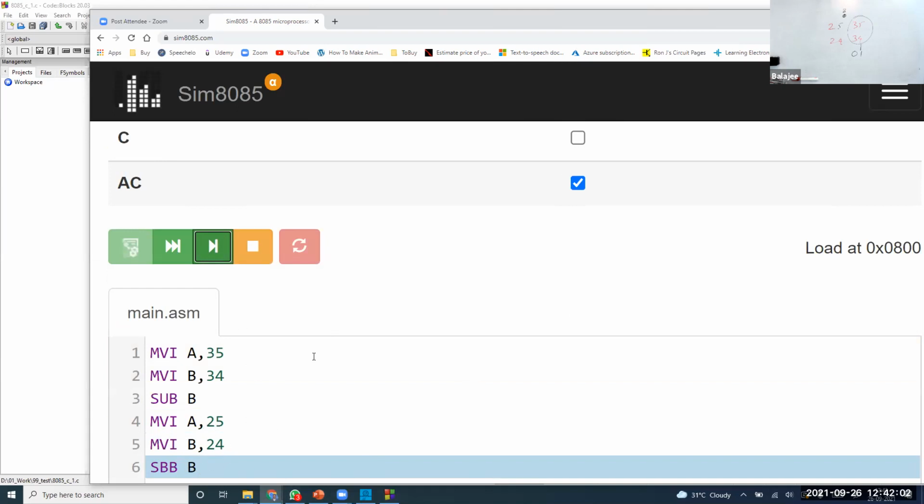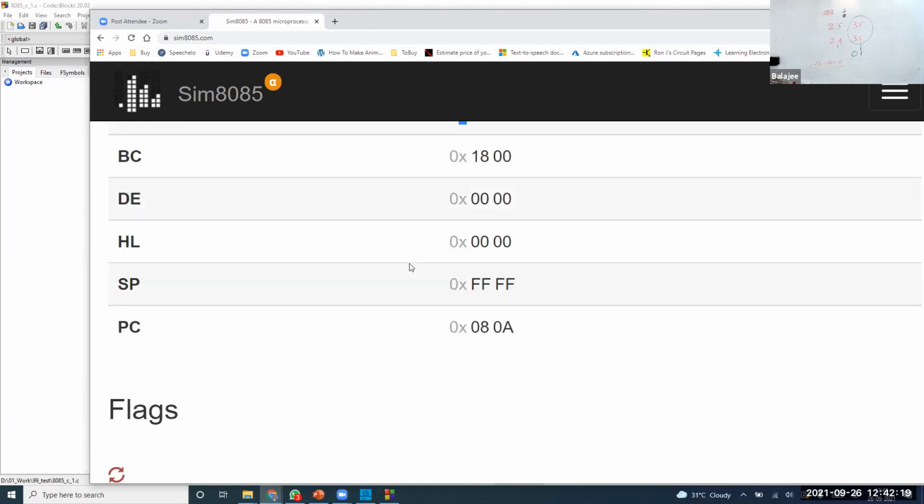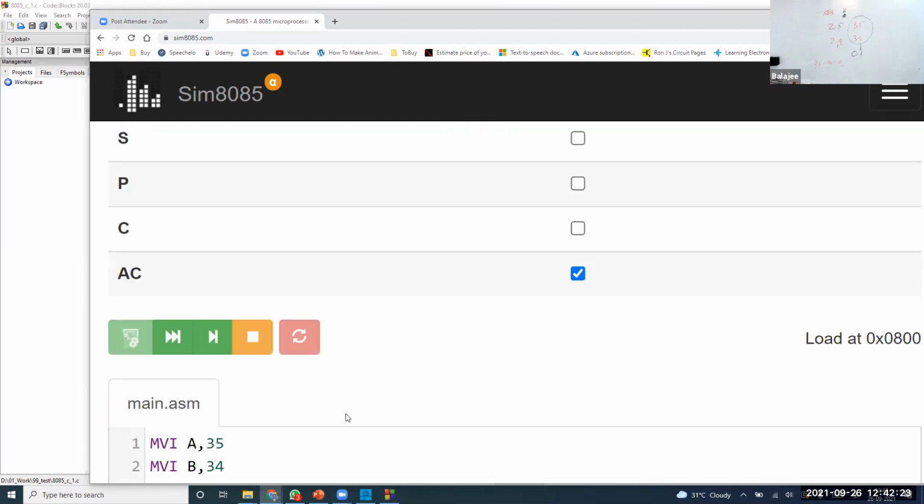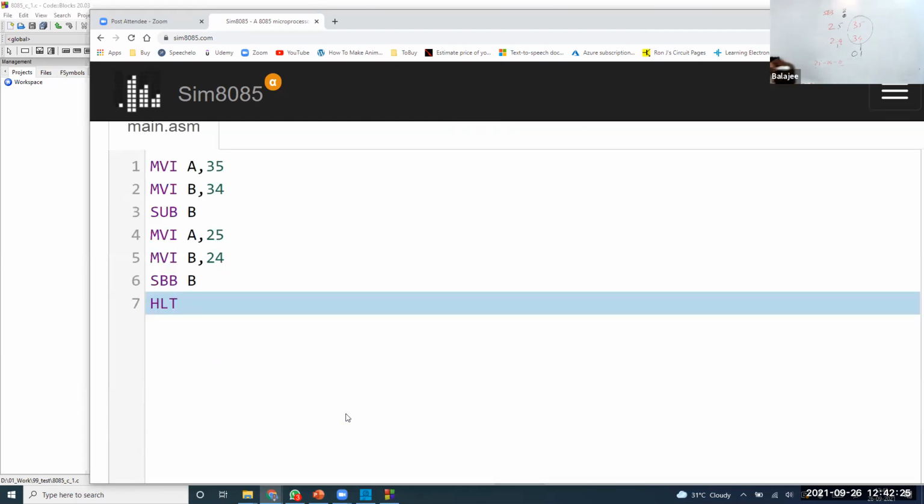So when I do this instruction, sub borrow, I get 25 minus 24 minus 0. Once again, A becomes 01, and I don't borrow anything here, so the borrow flag is set to 0.